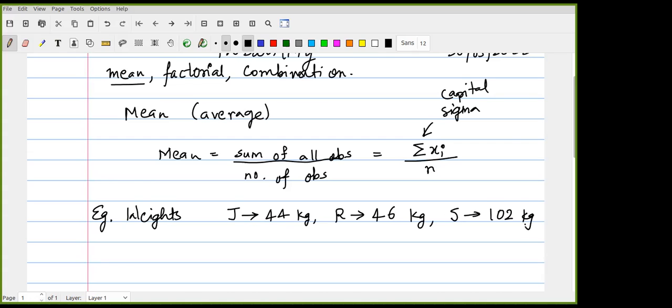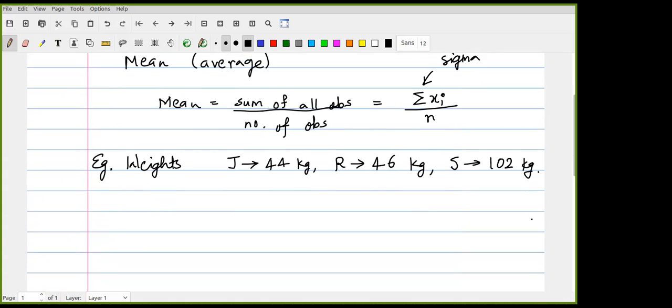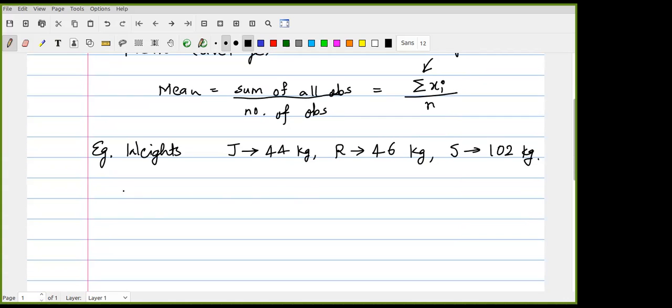Okay. So now, if I want to find out the mean of this, it is going to be basically Janvi's weight plus your weight plus my weight, and the number of observations is 3. So 1, 2, 3, divided by this 3.